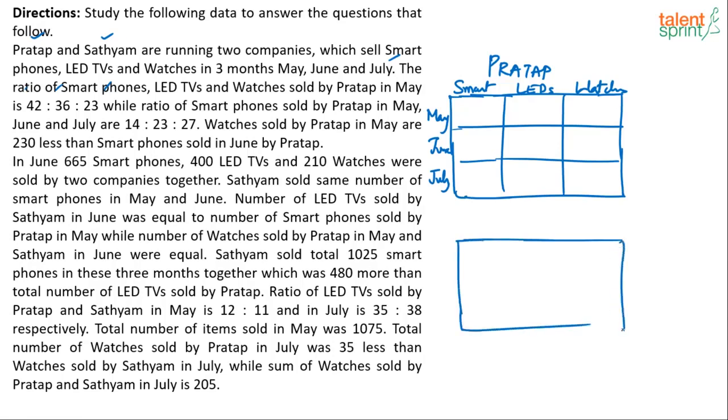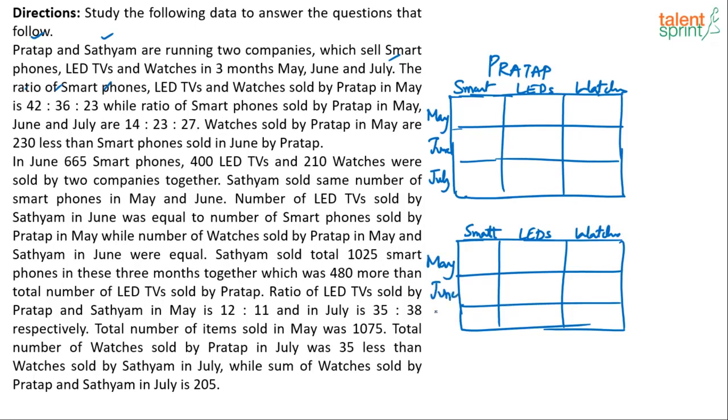So let's make a table for Satyam as well. Smartphones, right? Then LEDs and watches. May, June, July. This is Satyam. So all we need to do is fill this 9 plus 9, 18 cells and then answer the questions, right?